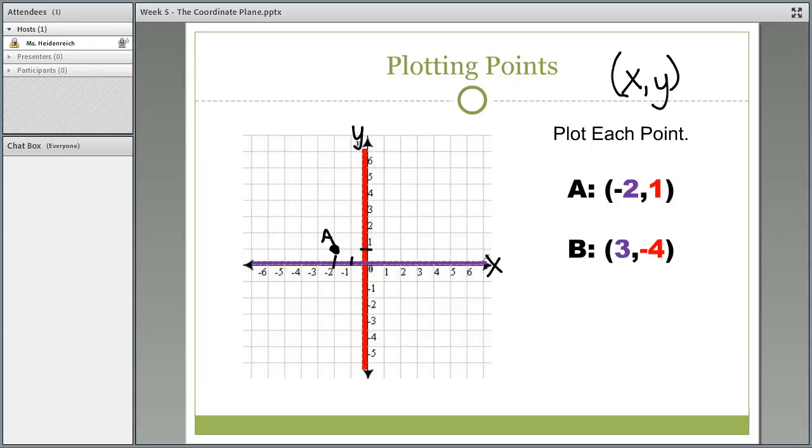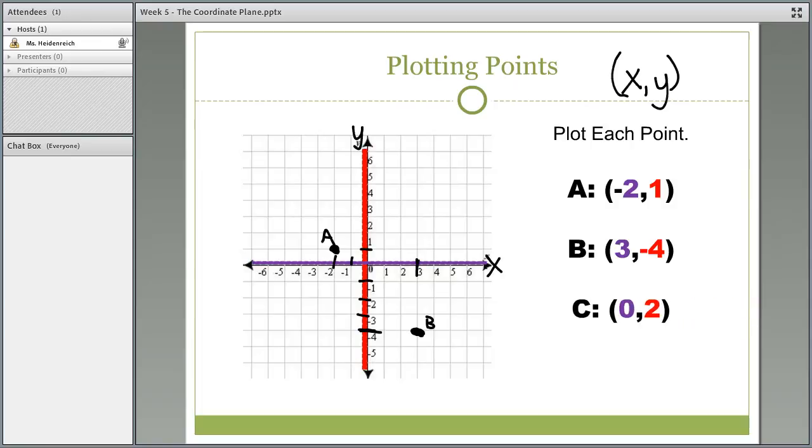So your finger should be pointing right here. That is point B. 3 for x, -4 for y. If you count down 4, that's 1, 2, 3, 4. All right, so that's point B.